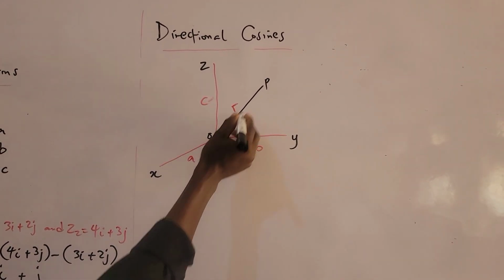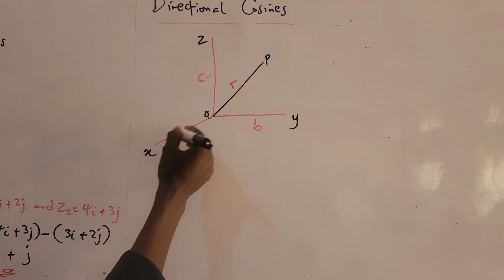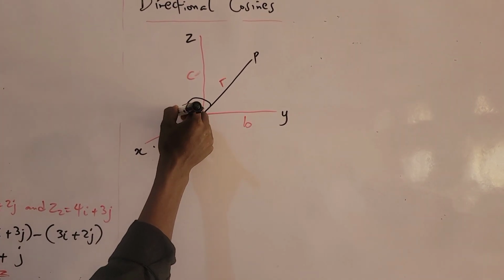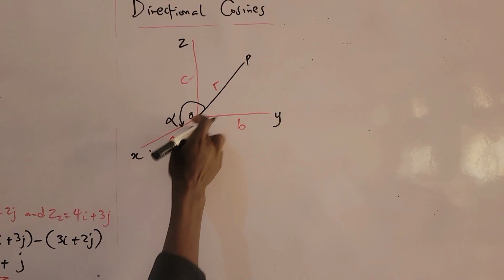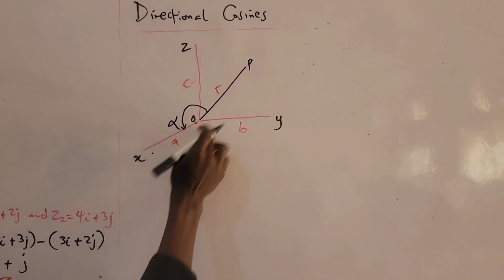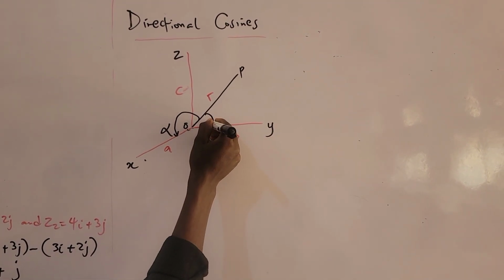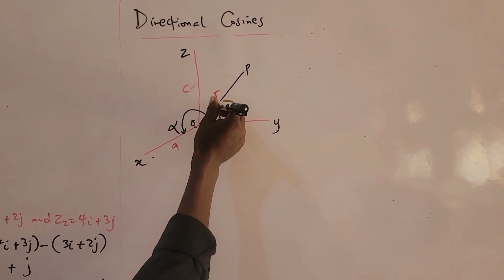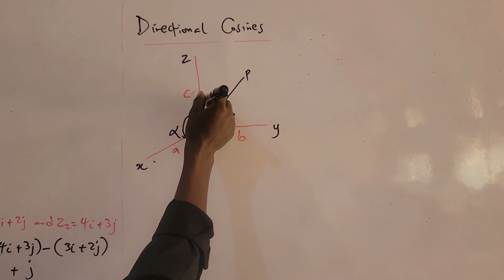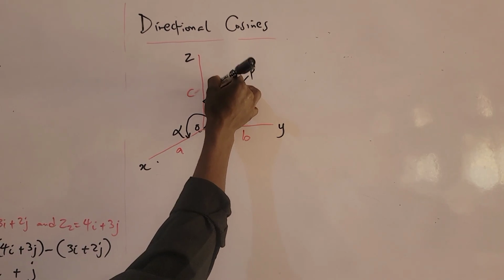So now this OP, what angle is it making with OX? Let's represent that as alpha. Now let's take OP and OY. What angle is it making with OY? Let's use that one as beta. Then what angle is it making with OZ? Let's take that one as gamma.